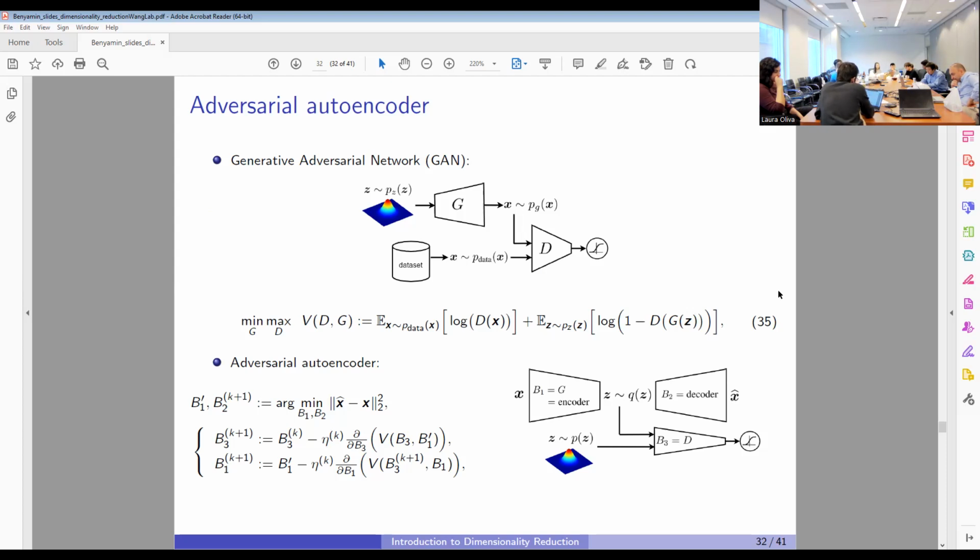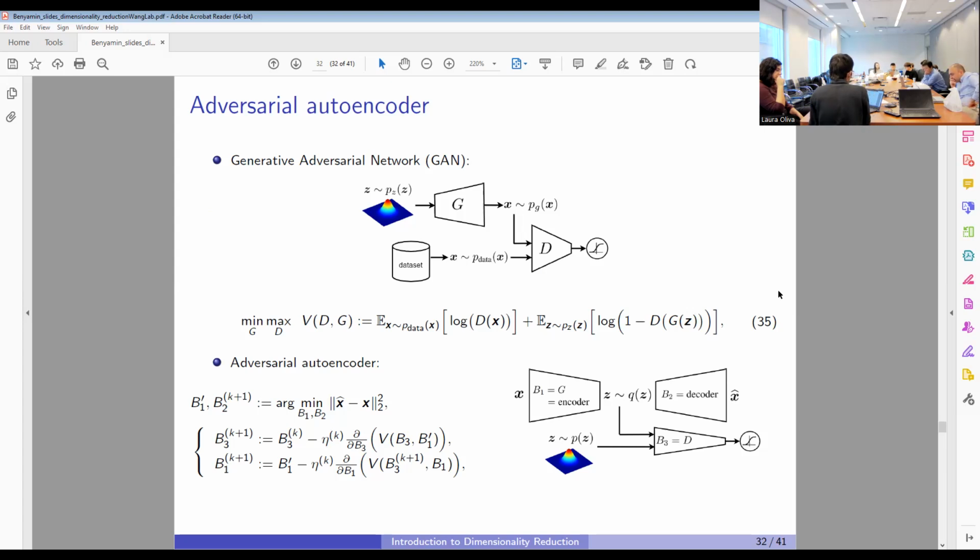First off, they try to reconstruct data similar to a reconstruction autoencoder, in a way that you have B1, B2, B3. Look at the figure below. For B1 and B2, for reconstruction, you try to minimize the reconstruction error between X and X hat. So you optimize B1 and B2.